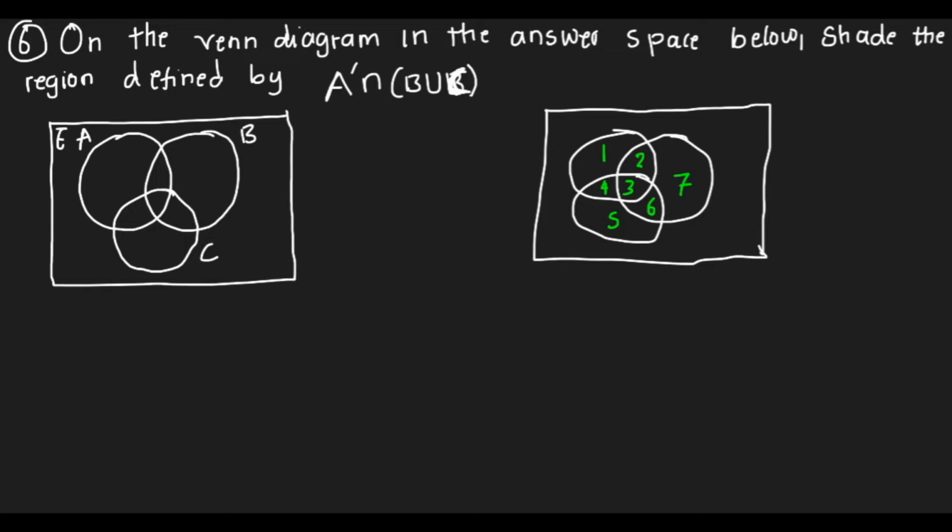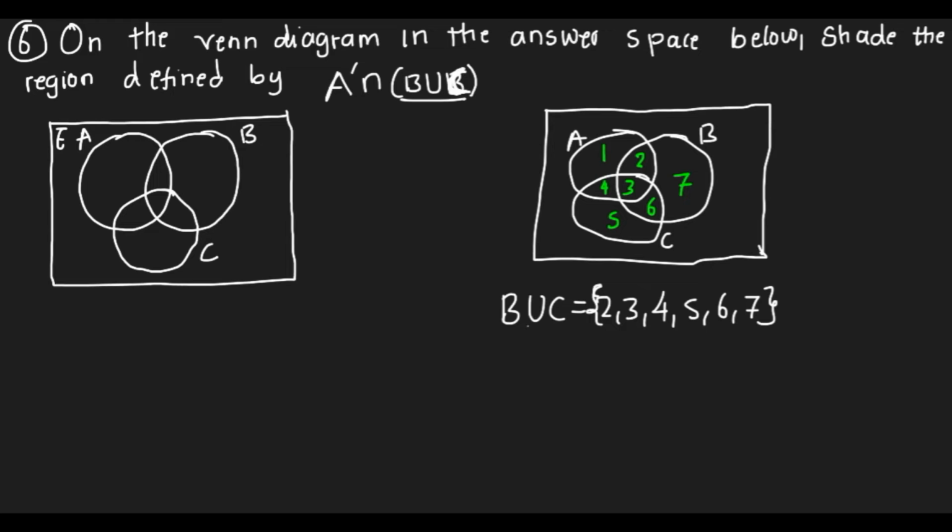Now let's first find the elements of B union C. So B union C is a set that we can form if we combine the elements of B and C. So the elements of B and C will start from 2, then 3, 4, 5, 6, then 7.